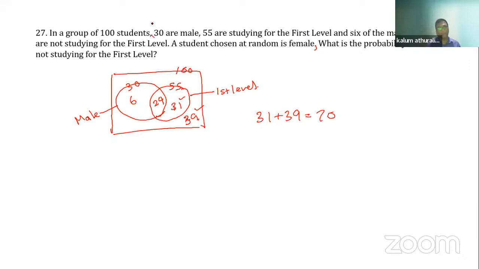Simply, 30 are male, then the others are female, 100 minus 30 is 70. From 70 students, what is the probability that she is not studying for the first level? This 31 is studying for the first level, this 39 is not. The answer is 39 over 70.